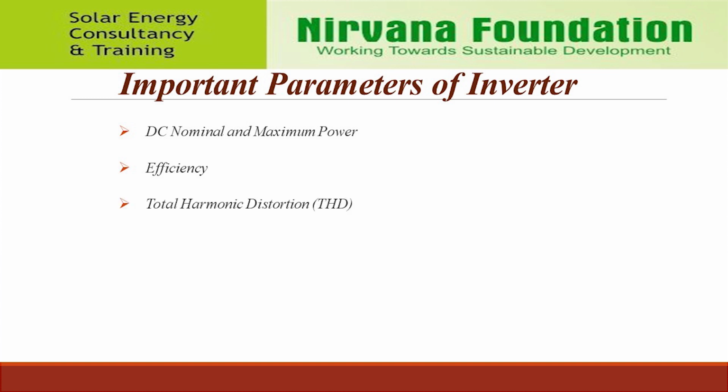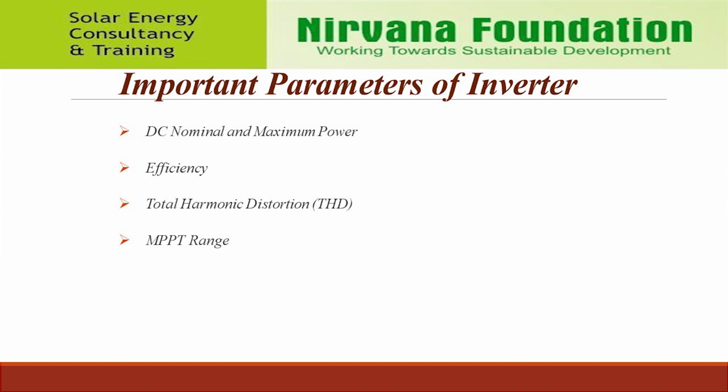Total harmonic distortion, THD, is a measurement of the harmonic distortion present in a signal and is defined as the ratio of the sum of the powers of all harmonic components to the power of the fundamental frequency. Harmonic currents generated by PV systems may degrade the quality of the electrical network and change the performance of other electrical equipment.